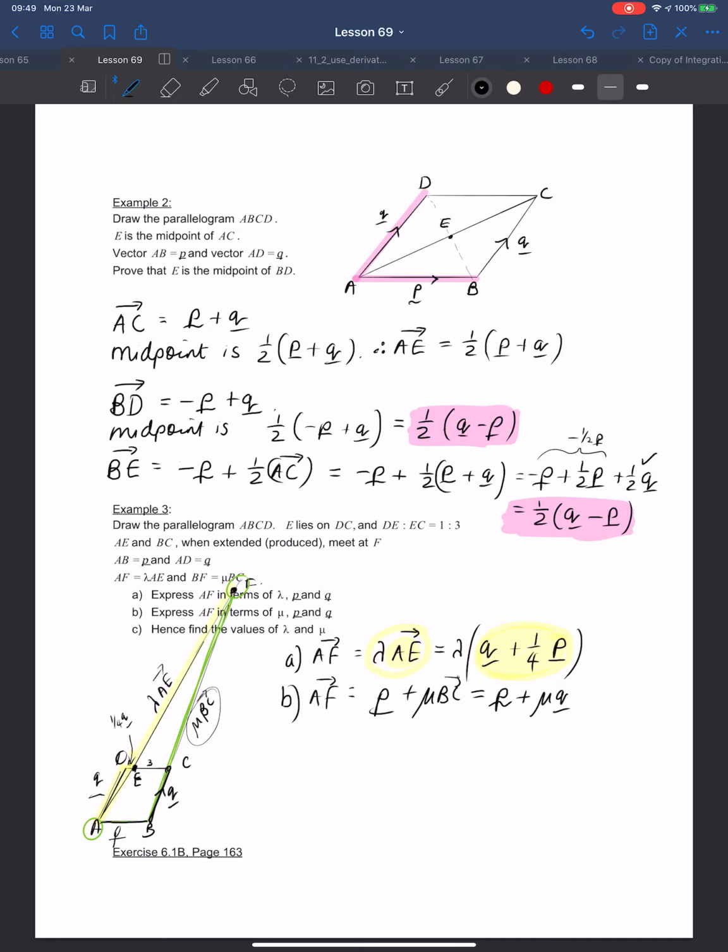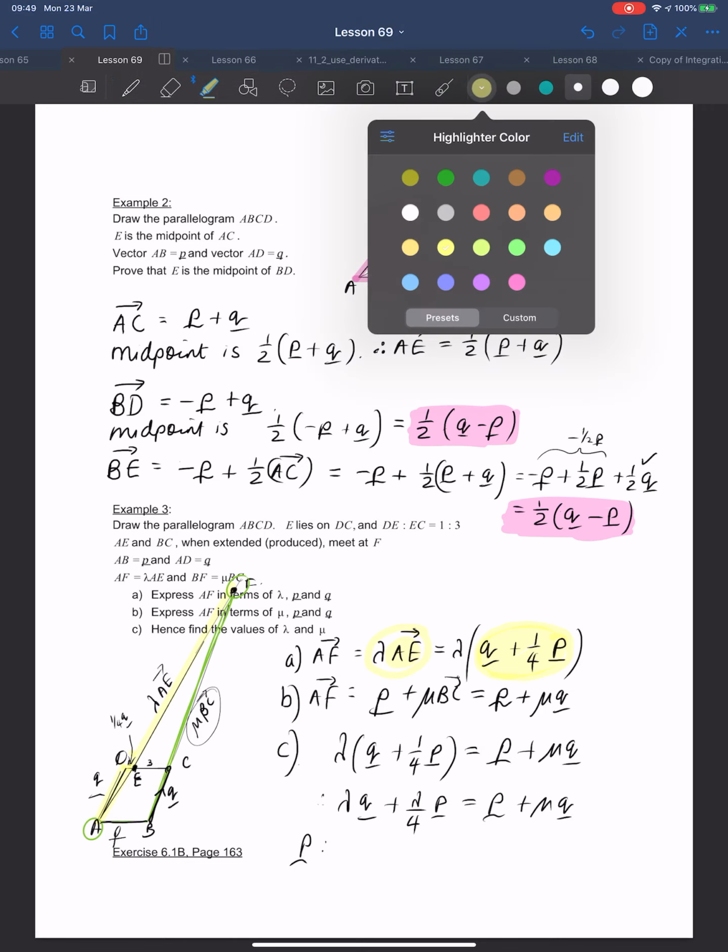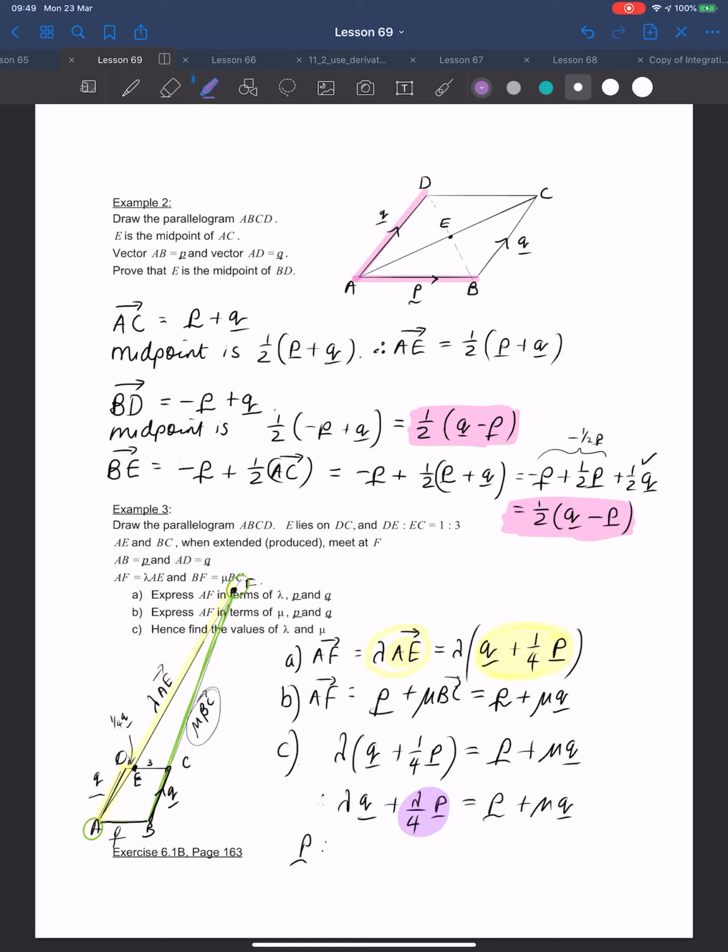Hence find the values of lambda and mu. Okay, so if A to F is lambda Q plus quarter P, and A to F is also P plus mu Q, what we've therefore got is that P plus mu Q is equal to lambda Q plus lambda over 4 P. And then we look at the P's, and on the left hand side we've got the P's are going to be purple.